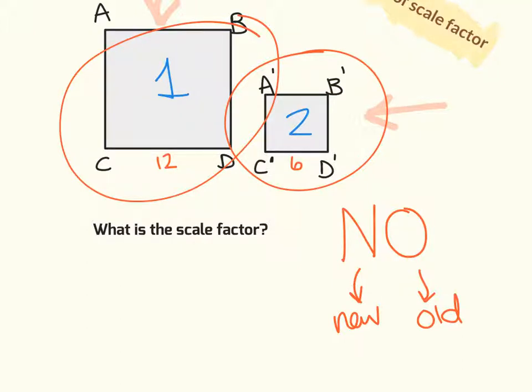This is a reduction. But in order to find the scale factor, we need to know how did they go from 12 to 6. Now you're probably saying they divided by 2. Yes, that's exactly what they did. They divided by 2. But with scale factor, we're usually multiplying. So let's take a look.